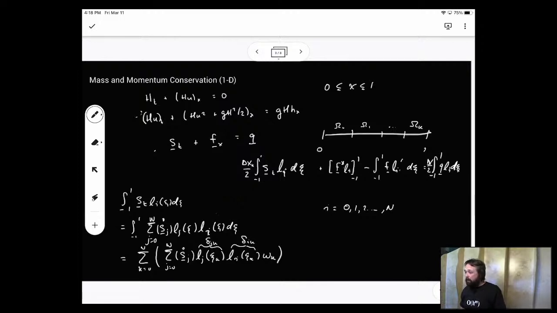This mass matrix ends up being diagonal, which is incredibly efficient to work with, because inverting a diagonal can be reduced to just dividing by a scalar. So only the j equals k term survives on this one, and only the I equals k term survives from this one. So only I equals j equals k survives, and what I'm left with is just s_I dot times omega_I for that mass matrix.